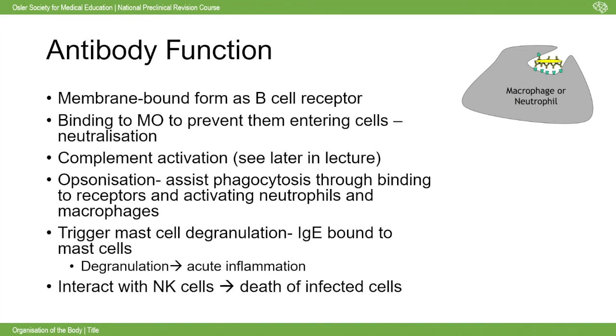This means that IgE is normally bound to the mast cell, and so the mast cells are basically waiting for the antigen to come along, and when it does and binds to the IgE antibody, it leads to degranulation, which causes acute inflammation. We also have interaction with NK cells, where very similarly the Fc region interacts with the Fc receptor on NK cells, and this leads to death of infected cells through the production of a lytic synapse.